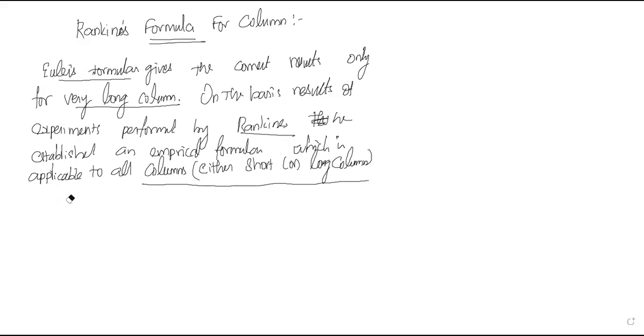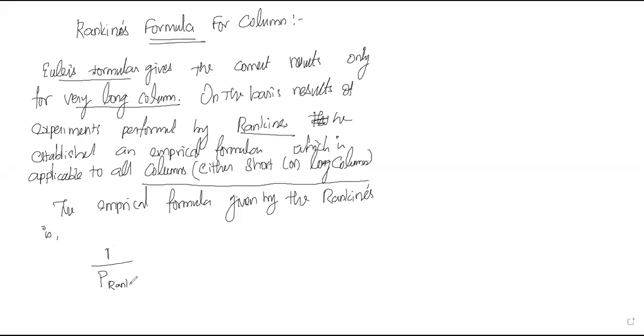The empirical formula given by Rankine: 1 by P Rankine is equal to 1 by PCR plus 1 by PE.